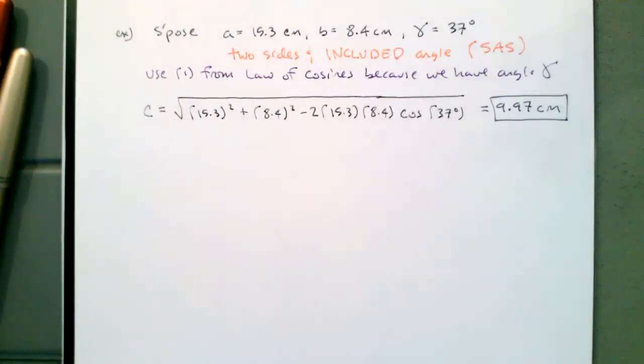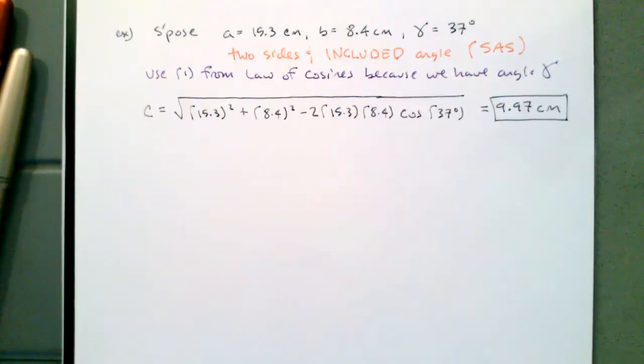We just want to know what the laws are and then see how we can use those laws based on the information that we're given. It's better than trying to memorize on top of everything else that we have to remember. SAS case means law of cosines. Go after the side that you don't have.